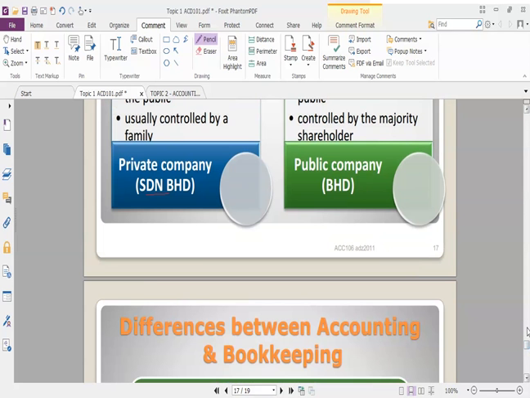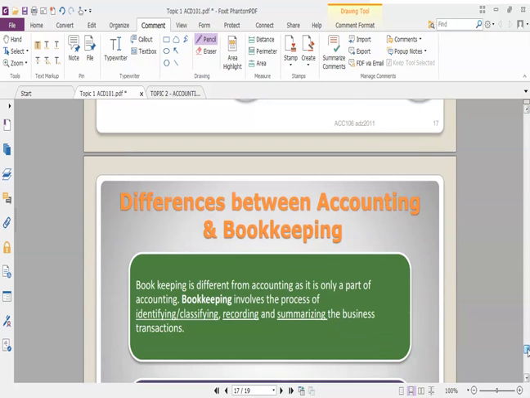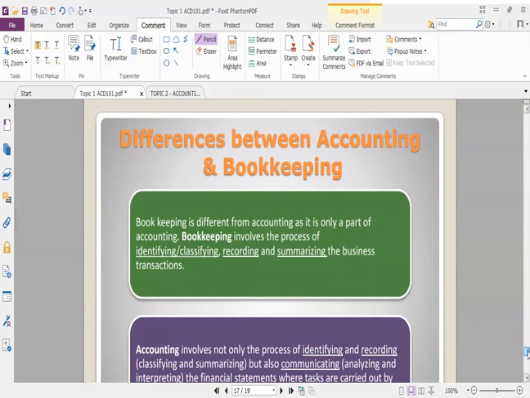Let's look at the accounting and bookkeeping differences. Bookkeeping is different from accounting as it is only a part of accounting.